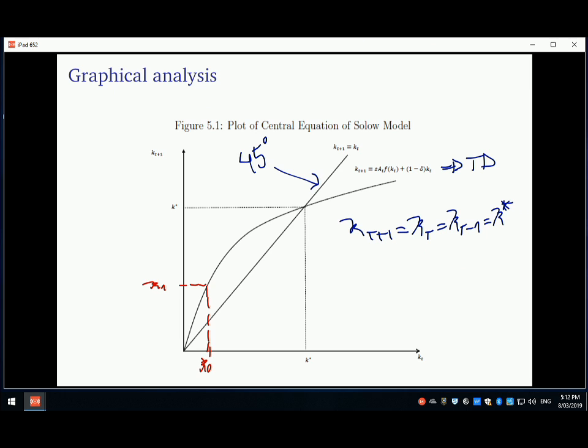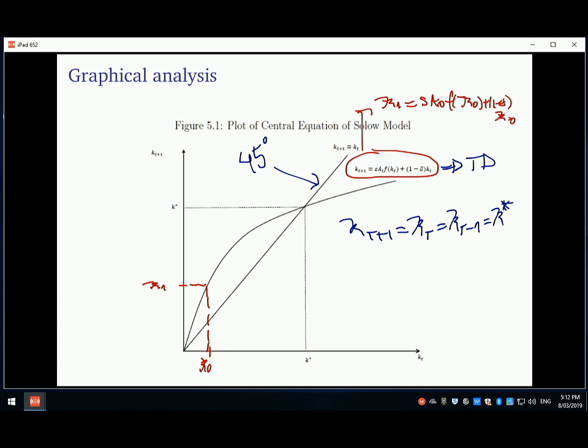This equation is just little kt plus 1 as a function of today. So you can think of this equation also as little k1 equals s a0 f of k0 plus 1 minus delta times k0. And you can write down that equation for every period, like little k2, little k3, little k4, until you reach a steady state, mathematically.